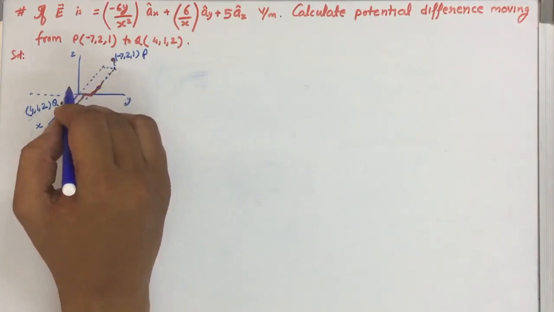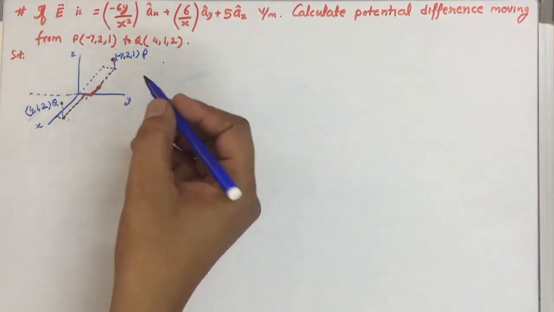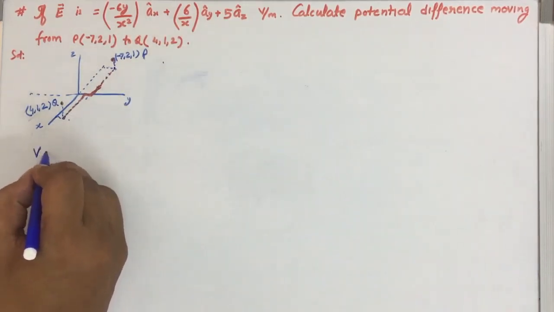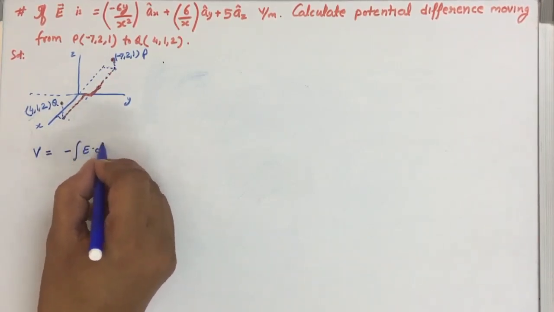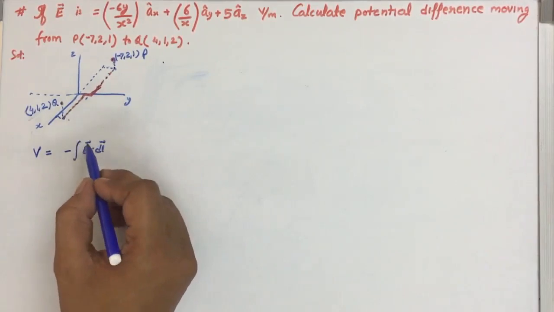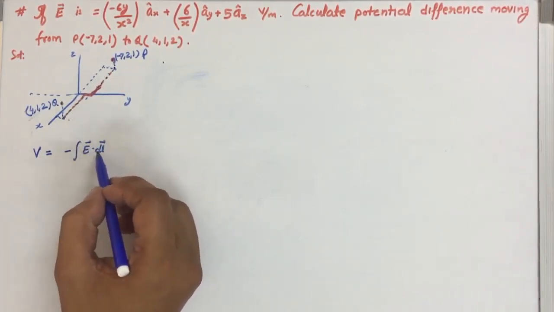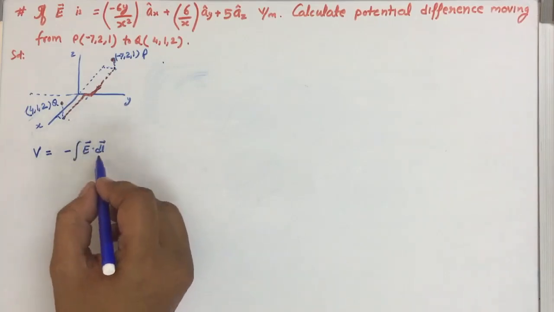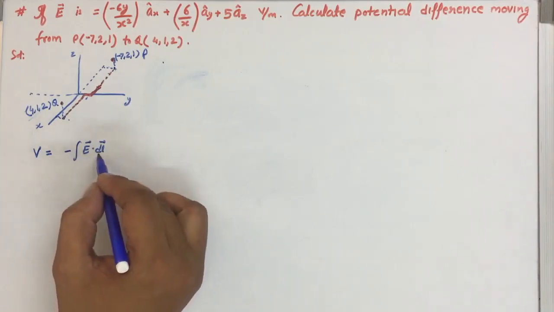So first of all, to find the potential difference, we know that V can be written as minus E dot dl. We know this. If we have E, then the only parameter required to find the potential difference from P to Q is dl.